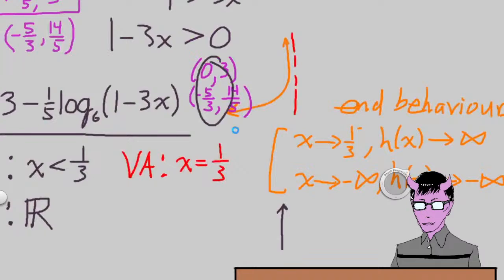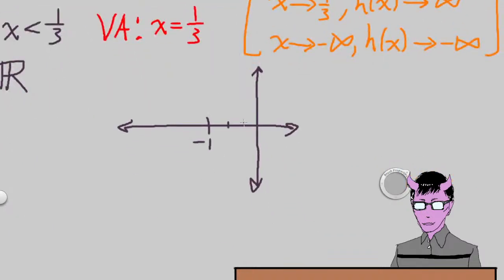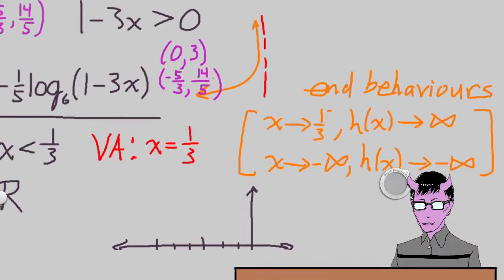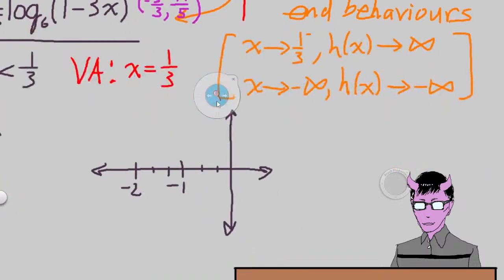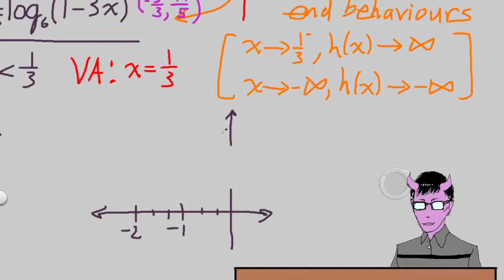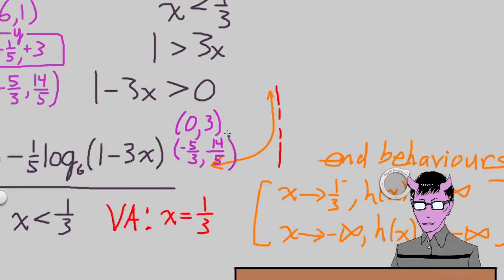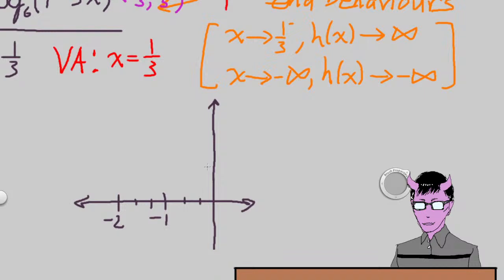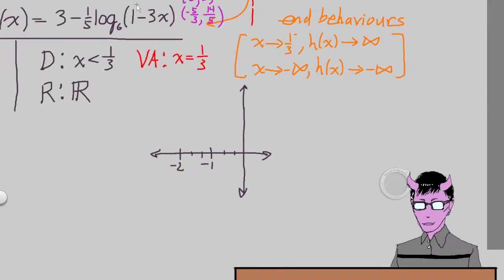So 1/3 for the x-axis, and then 5ths for the y-axis. We're basically not going above 3, so let's just put, well, we need more space.